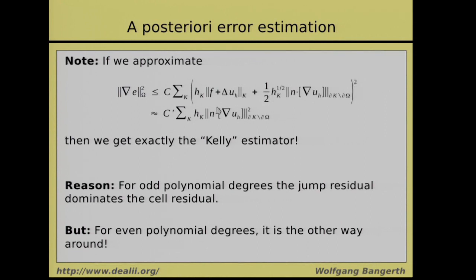This one here is going to have, let's say, order h to the 3, and we've neglected a term that would be h squared. I've neglected the dominant term. That is mathematically certainly not reasonable, but it turns out that the Kelly indicator also yields pretty darn good meshes for even polynomial degrees. So even though it is mathematically, strictly speaking, not allowed to do this, from a pragmatic perspective, if all you care about is good meshes, it still makes sense.